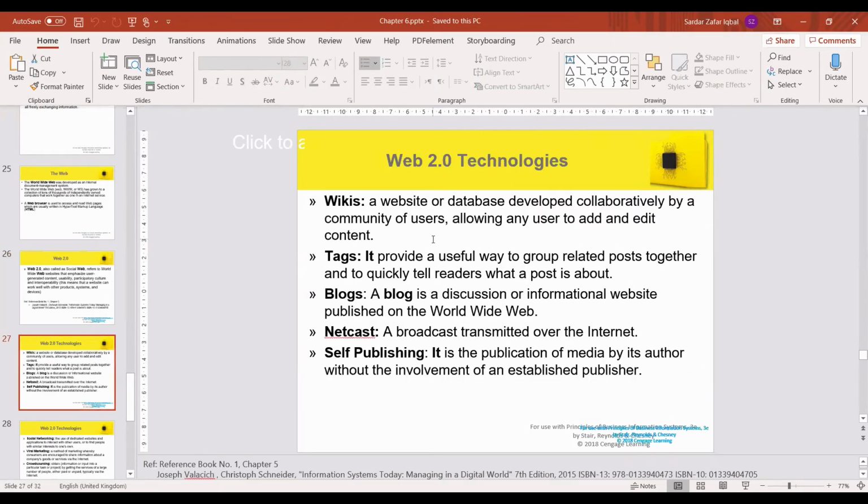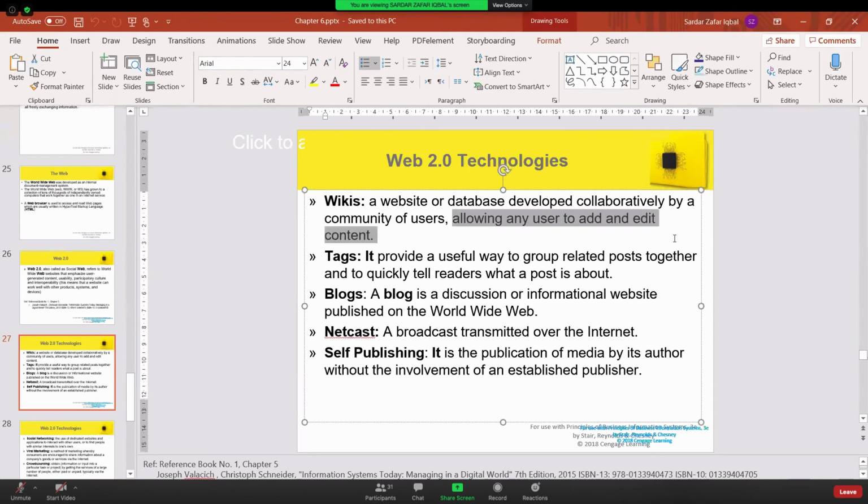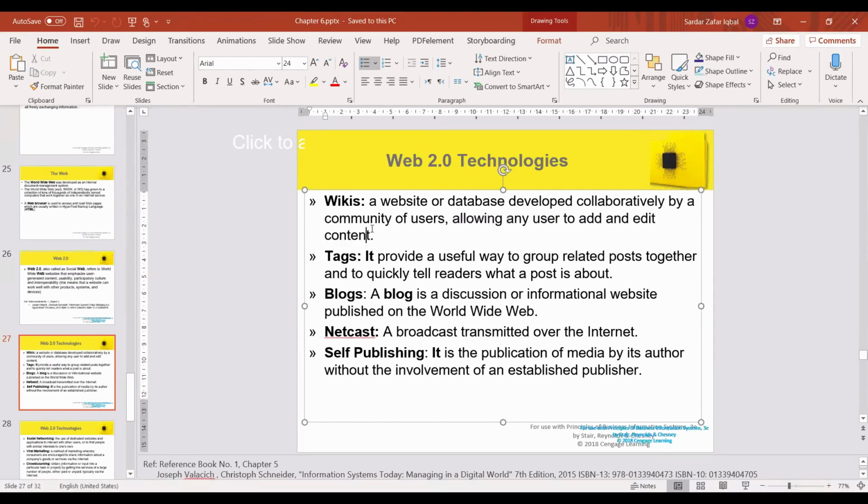In Web 2.0 technologies, I hope you are familiar with these things. These are all part of Web 2.0 technologies, like wikis. Do you know wikis? A wiki is a website or database developed collaboratively by a community of users, allowing any user to add and edit content, like Wikipedia, which is very famous.